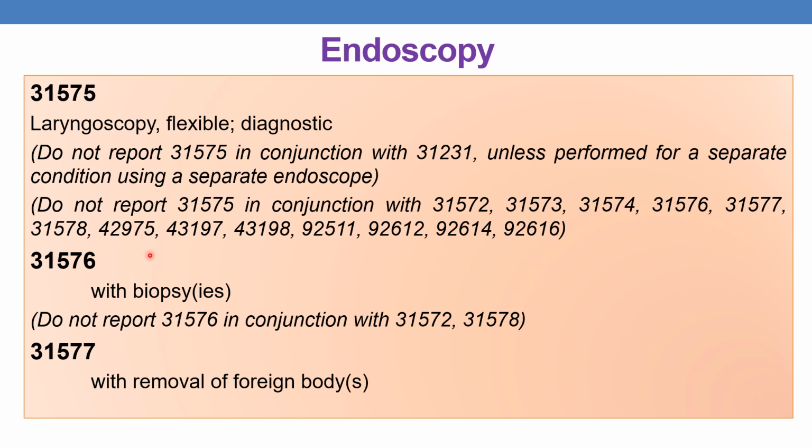If the laryngoscopy flexible diagnostic is with biopsy, then the CPT is 31576. And do not report 31576 in conjunction with 31572 and 31578. The next is 31577. Laryngoscopy flexible with removal of foreign body.